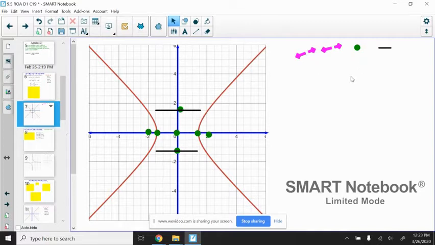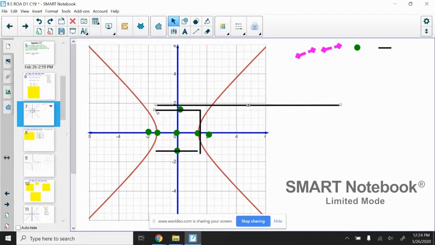It didn't work out well at all. So let's undo that and do it again. And the asymptotes themselves were supposed to be the diagonals.